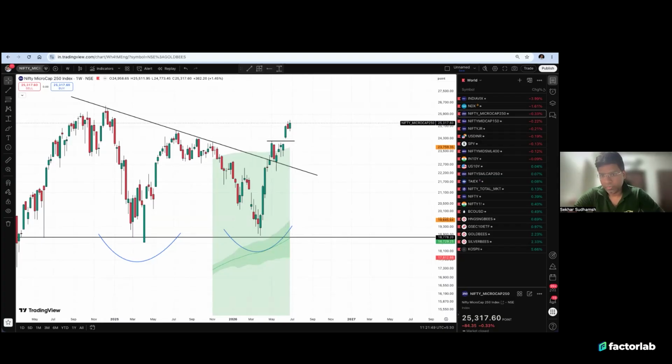Sure, sure. Just to add to what Shekhar was talking about, the micro caps. In one of the AMAs in the last session, we discussed how the war is impacting Indian markets, and we showed some research.